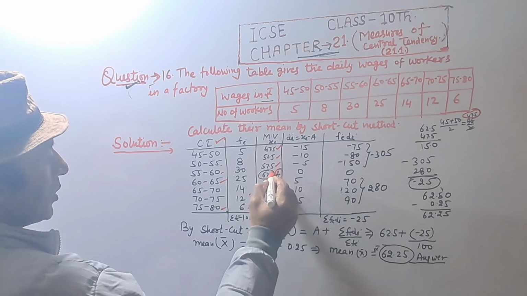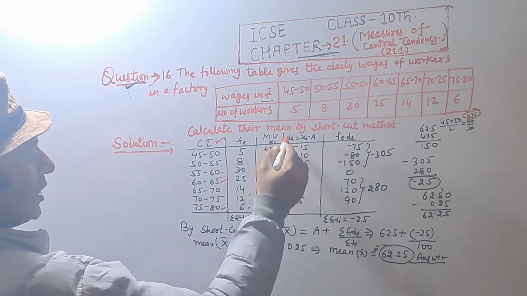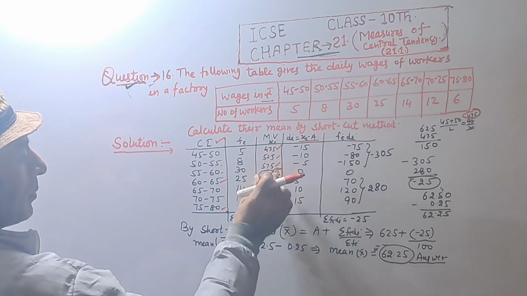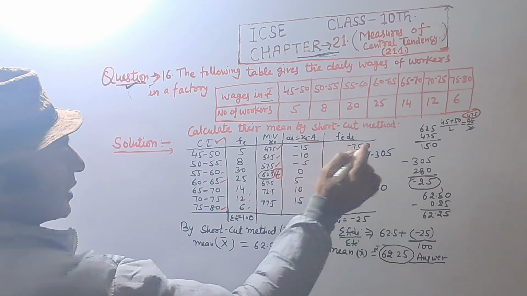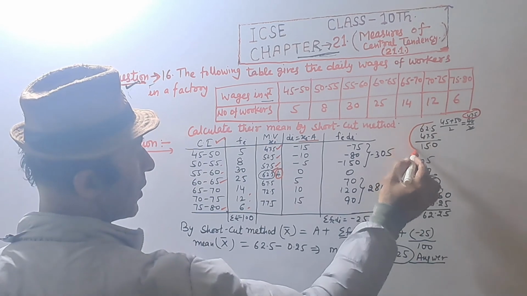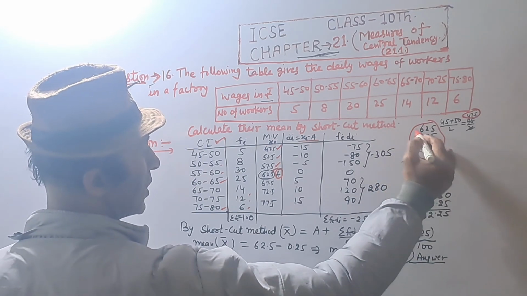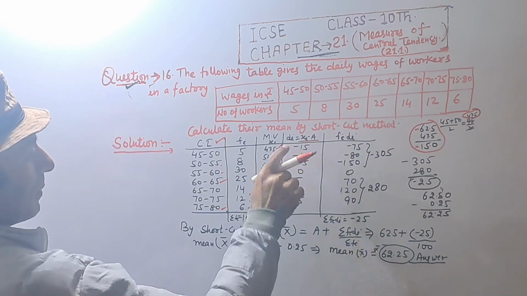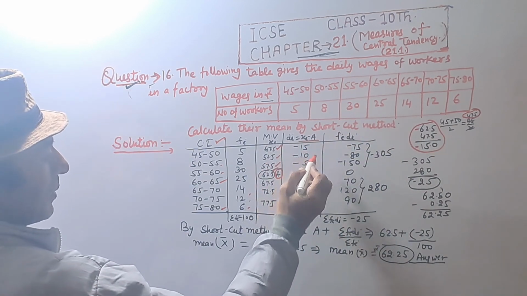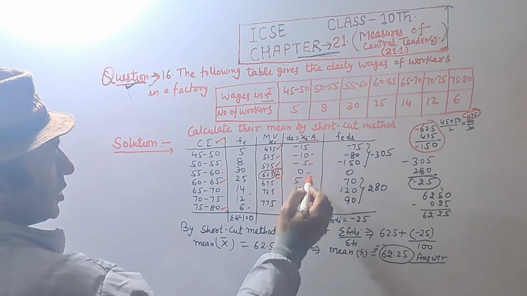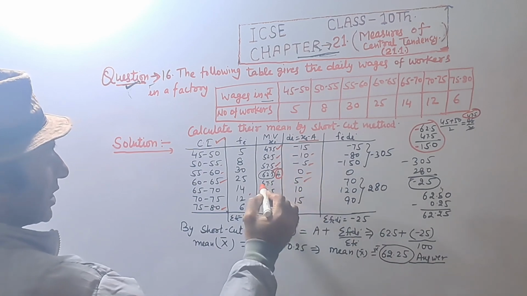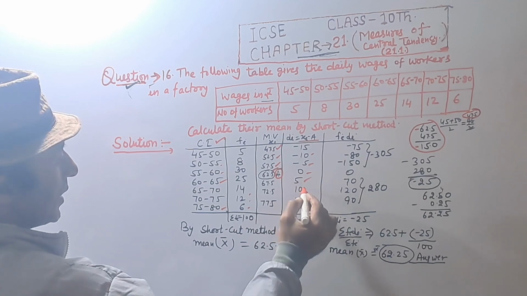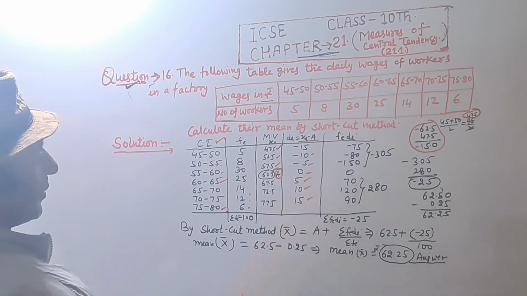Assumed mean a is equal to 62.5. So di equal to xi minus a. 47.5 minus 62.5 is minus 15, then minus 10, minus 5, 0, positive 5, positive 10, positive 15.